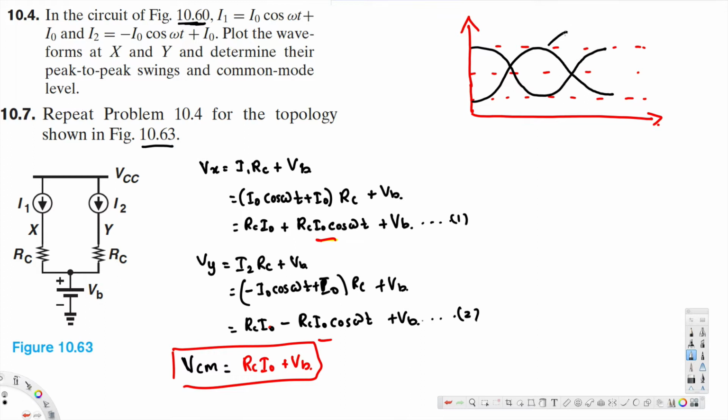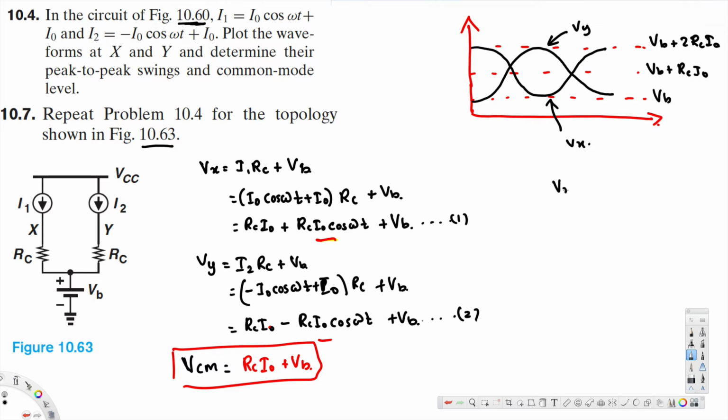This one is Vy and this one is Vx, and here we will have VB, and this one is VB plus RC times I naught, and this is VB plus 2 RC times I naught.